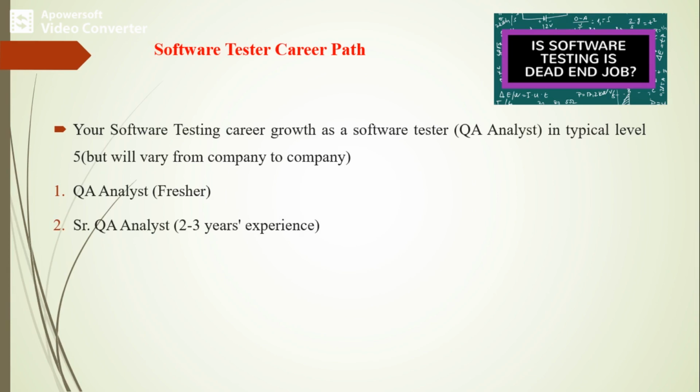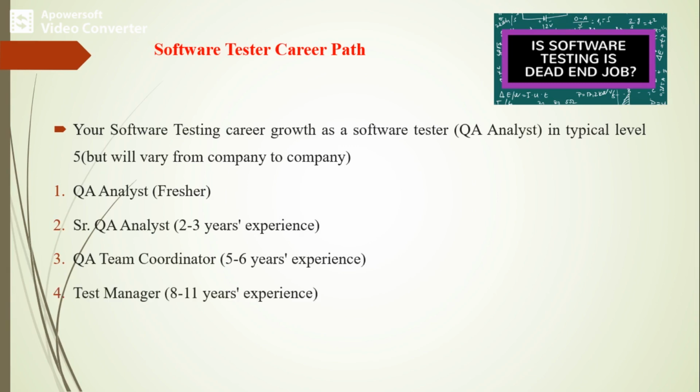This is the second position you can acquire. When you are working in a company, after 2 to 3 years, you get the senior quality analyst post. The third career path is quality analyst team coordinator. If you have 5 to 6 years of experience, then you can be a team leader, which is the team coordinator under the quality analyst.